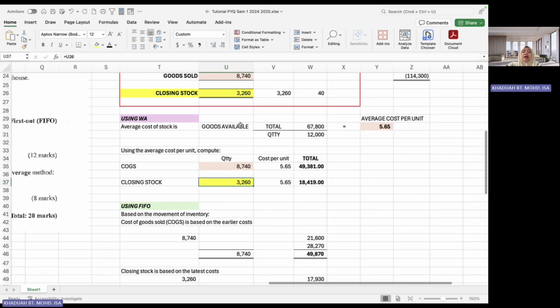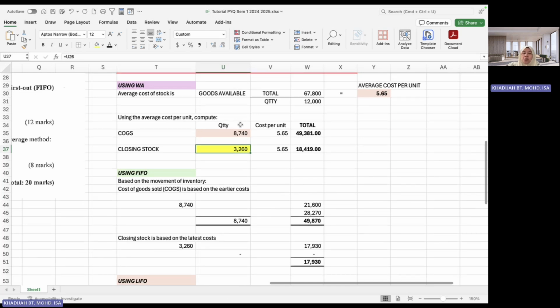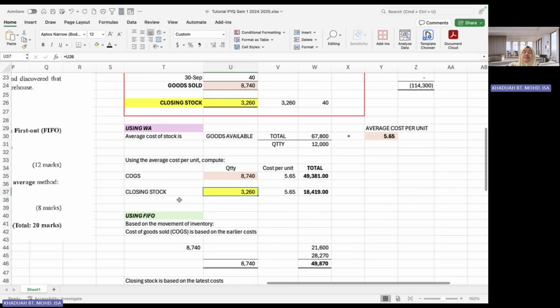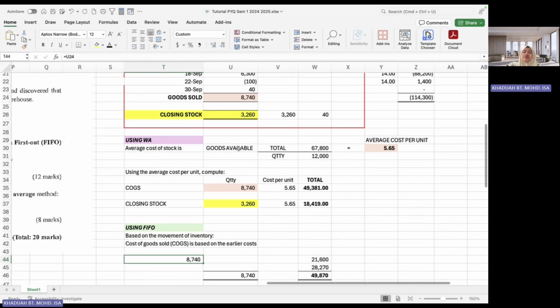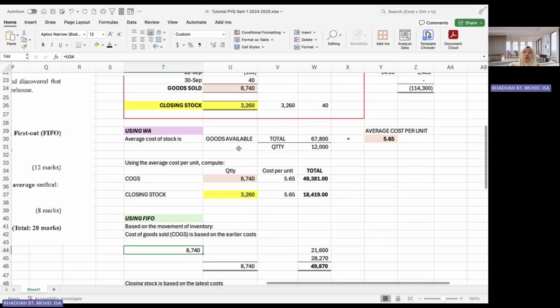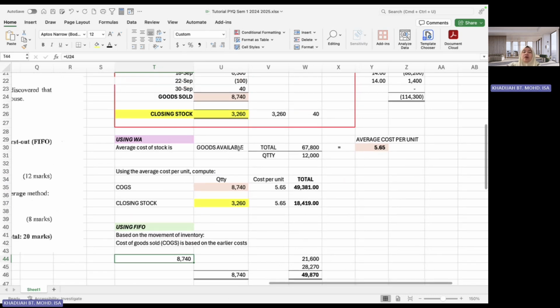Okay, if you're using FIFO, you see that based on the movement of the inventory, first in, first out, your cost of goods sold will be based on the earliest cost. So when you sell 8,740 units of goods, how to decide on the cost?